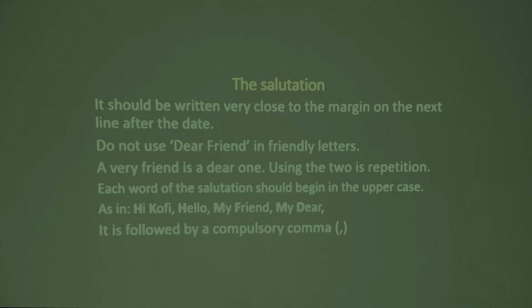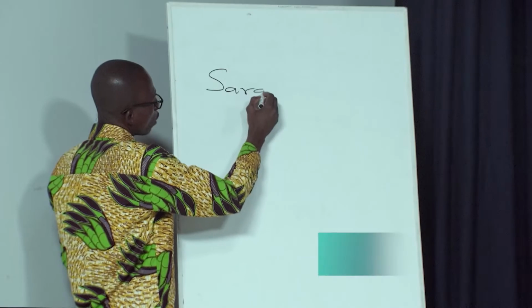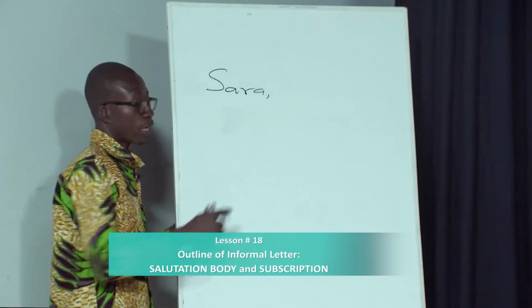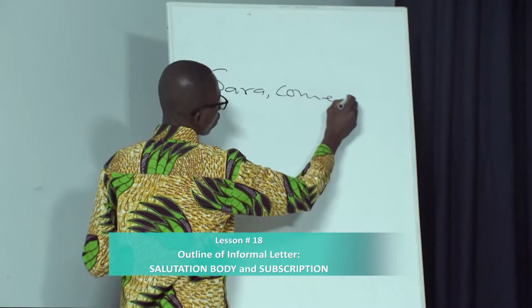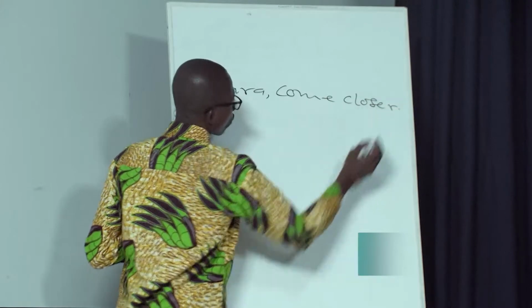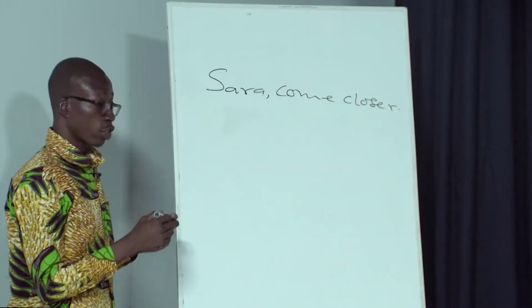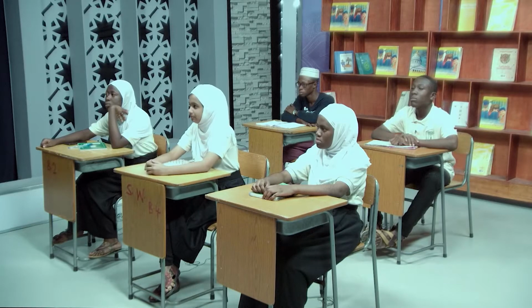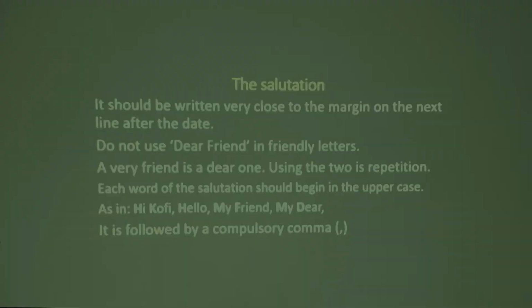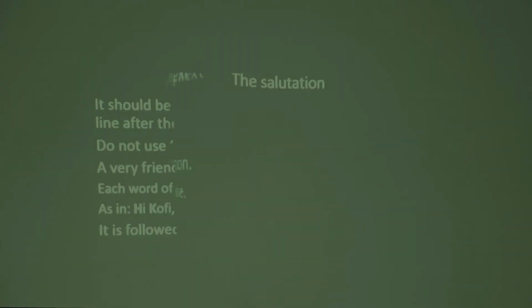First, I mentioned the name to call her attention. So there should be a compulsory comma before "come closer". So salutation simply means you are calling the attention of the one you are speaking to, and everywhere you are writing, salutation takes a compulsory comma. Any question on that? Good.